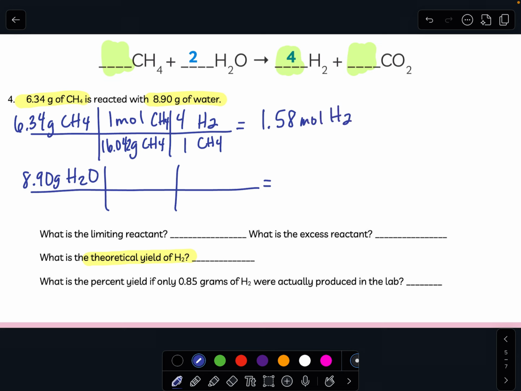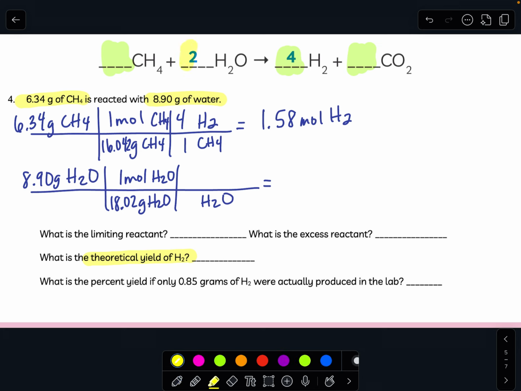I'm going to do the same steps for the second part. If I have grams of H2O on the top, I'm going to put grams of H2O on the bottom. And I know that's always equal to 1 mole because this is molar mass. I'll add up my numbers from the periodic table. If H2O is on the top, H2O has to go on the bottom.